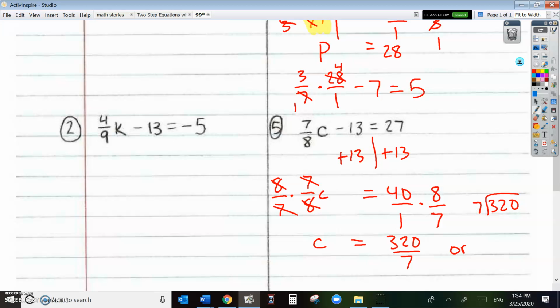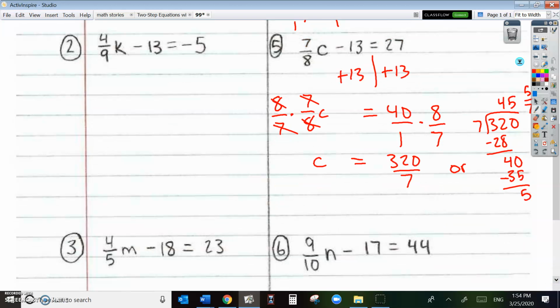How many 7s in 32? Like 4, 28, 4, 0, 5, 35. So it looks like 45 and 5 over 7. Let me double check my answer key. Yes.